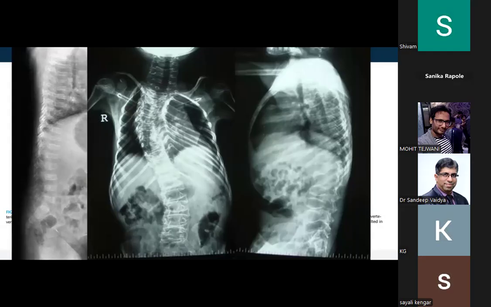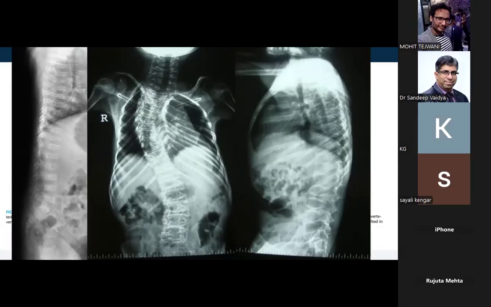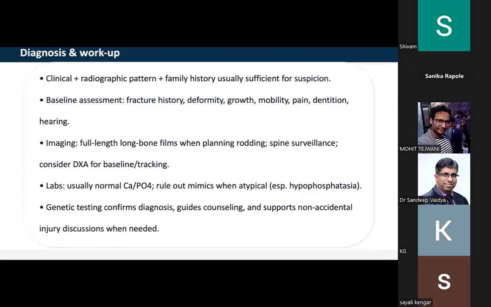Eventually, in more severe forms of OI, we have to look for vertebral compression, biconcavity, kyphoscoliosis. Spinal deformity impacts pulmonary function, sitting balance, causes fatigue and pain, and maybe neurological involvement as well. So spine deformity can progress even if the fractures are controlled. Surveillance of the spine has to be proactive and not reactive. There are certain cervical spine anomalies as well which occur in these patients, that I've put in the management section, because we'll discuss them there.